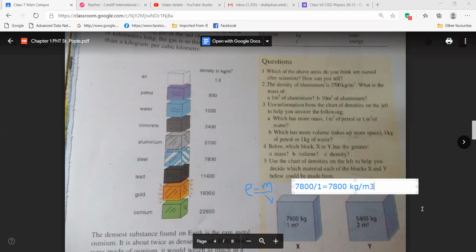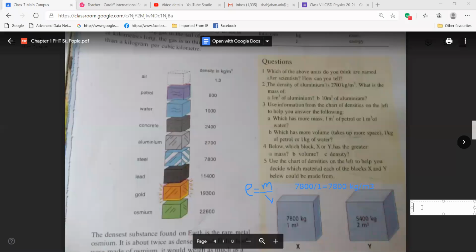For the other one, 5400 kg divided by 2 meter cube, giving 2700 kg per meter cube.